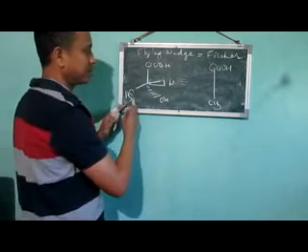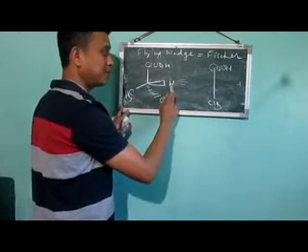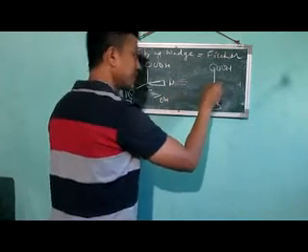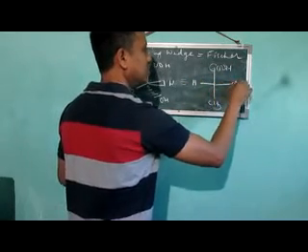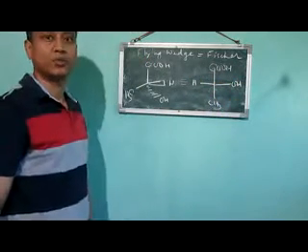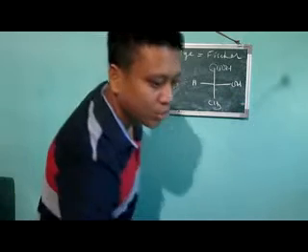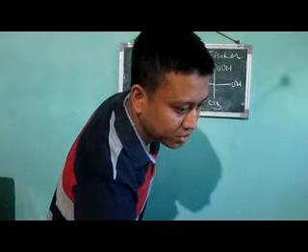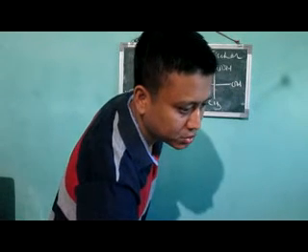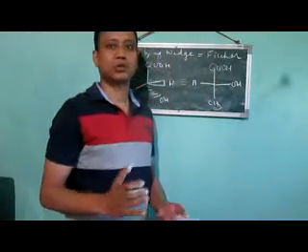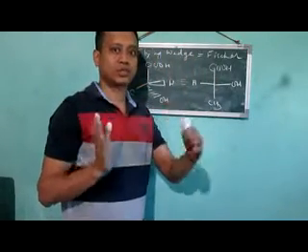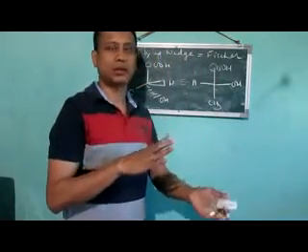So when it is on the left hand side, the above the plane group will come on the left hand side. This is the above the plane group and this is the below the plane group. So this is how we can convert Fischer to flying wedge and flying wedge to Fischer. This is the conversion of structures from one structure to another.